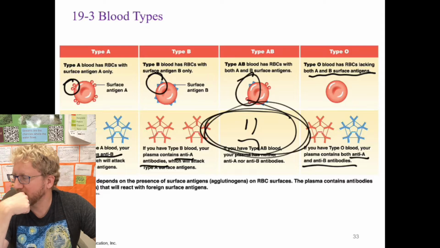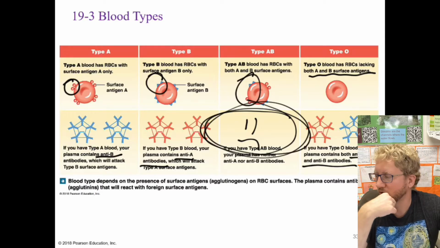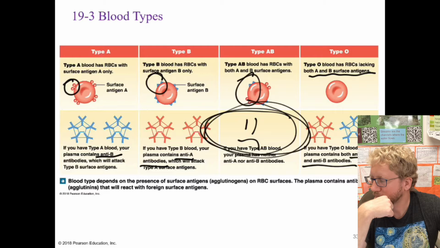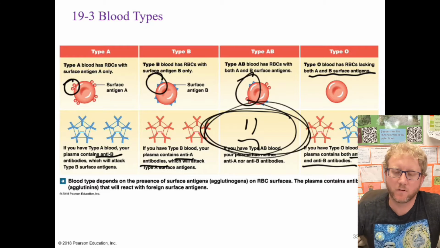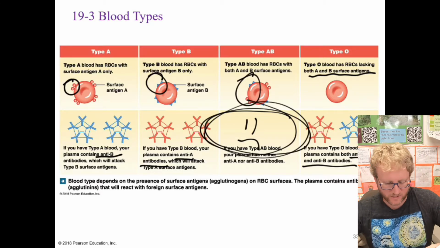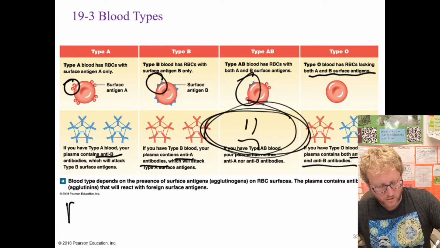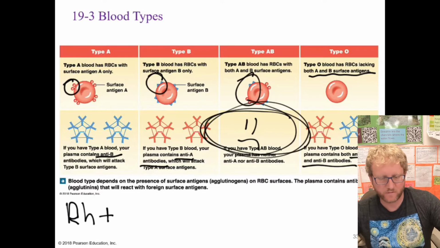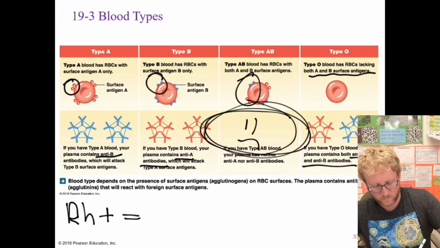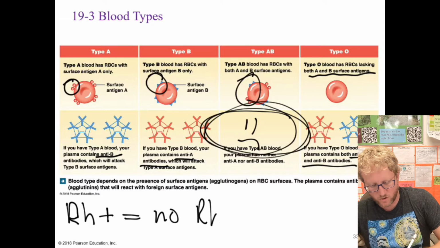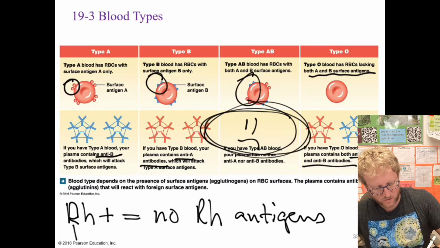And then as far as the Rh is concerned, only if you are sensitized to Rh. So basically, if you are Rh positive, there's no Rh antibodies.